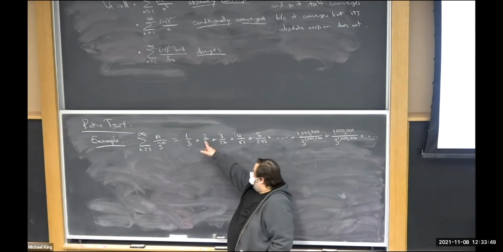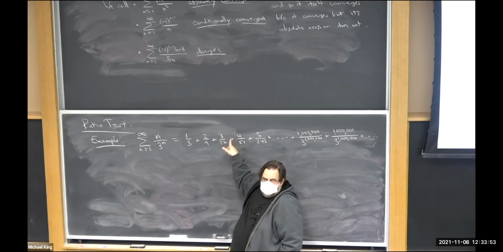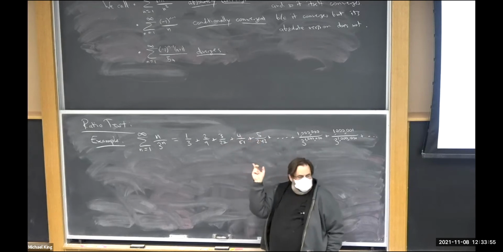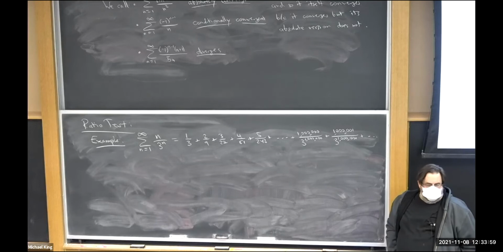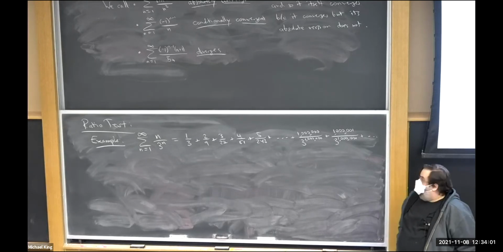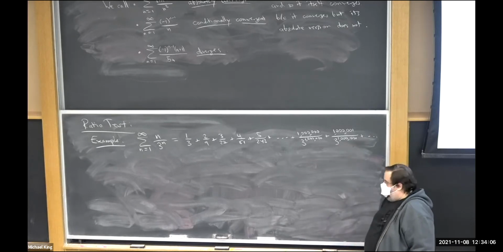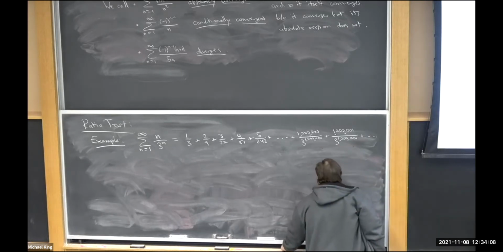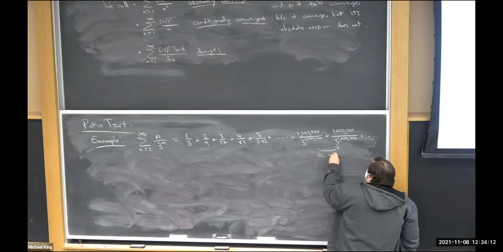Here, 1 to 2 doubles, 2 to 3 is a 50% increase, 3 to 4 is a 33% increase, 4 to 5 is a 25% increase. 1,000,000 to 1,000,001 is a very tiny increase as a percentage. But the bottom, I'm still multiplying by 3. So this is approximately, not exactly, but approximately times 1/3.